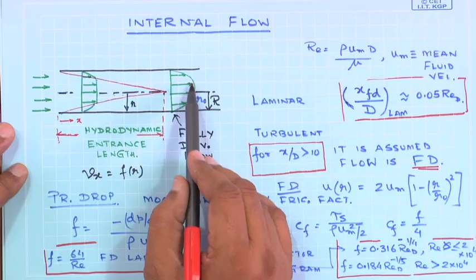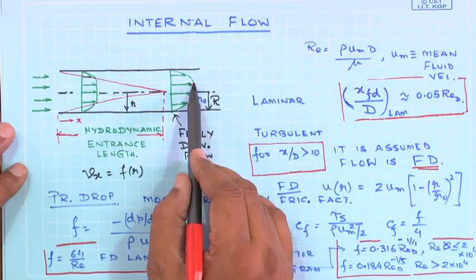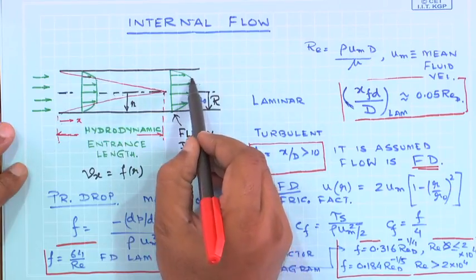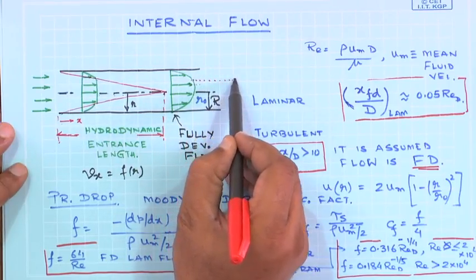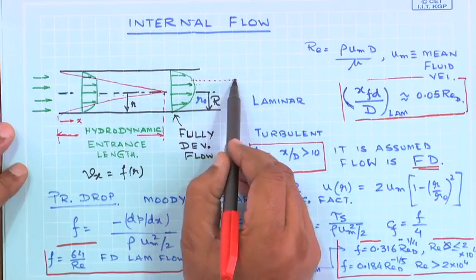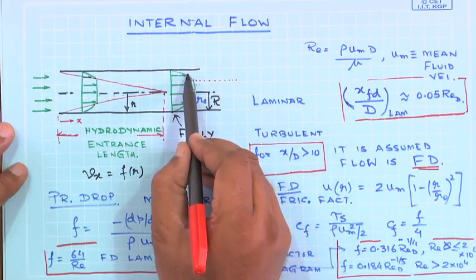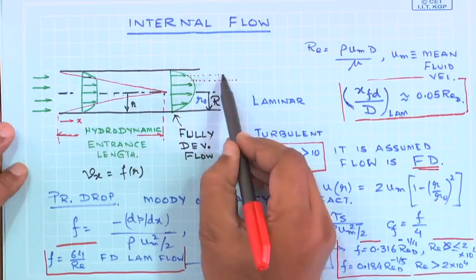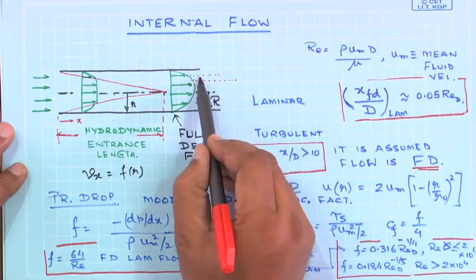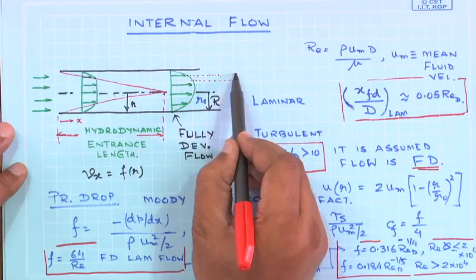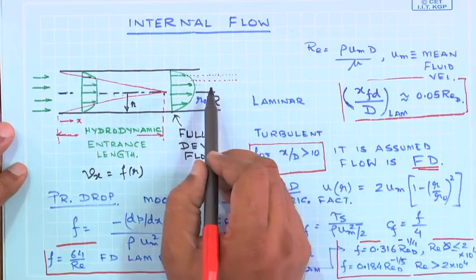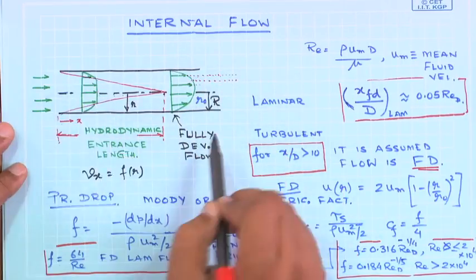So, the velocity will not change with position at a fixed r anymore. Let us look at this figure once again. At any given r, the velocity at all these points is the same when the flow is fully developed. The velocity at this point will remain the same, though different from this point, but it will not be a function of x. But over here the velocity could be a function of x.